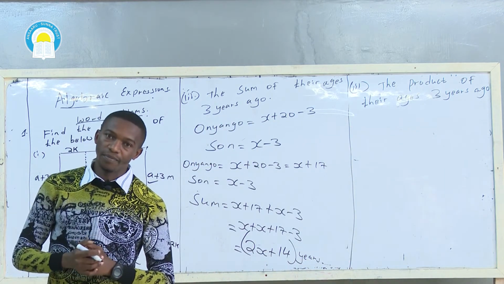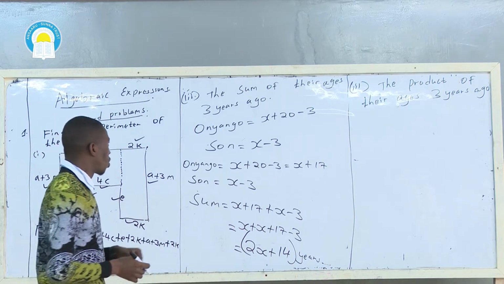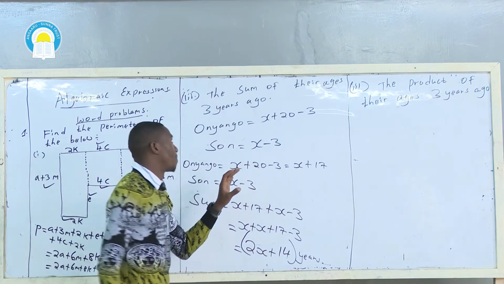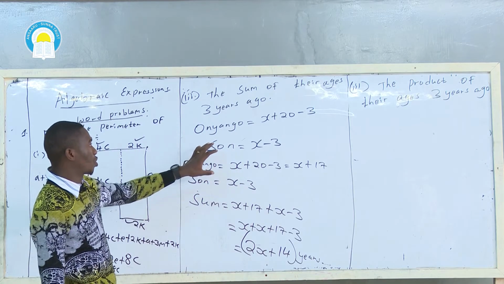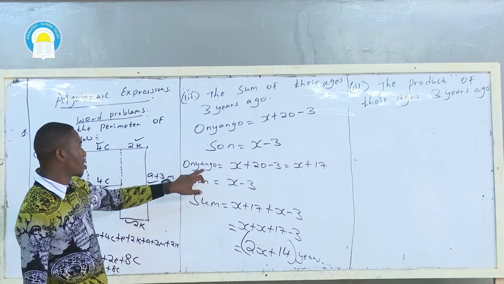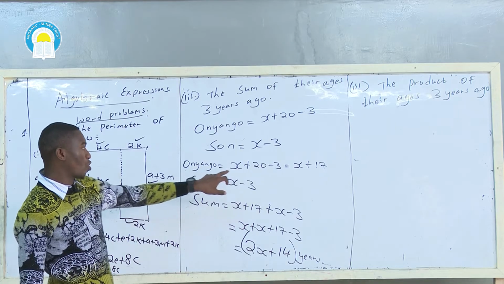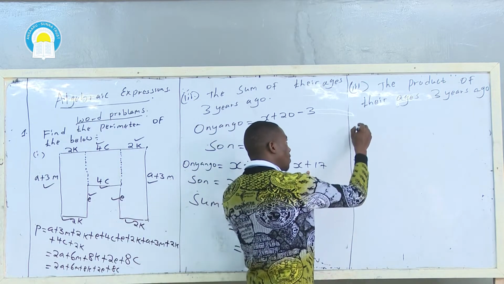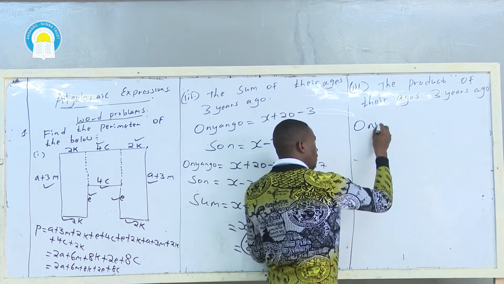Mathematically, the word product means times. So we look at what their ages were 3 years ago. From Roman 3 part of the equation, you can get that Mr. Onyango's age 3 years ago was x plus 17. So I will just copy it directly from Roman 3.